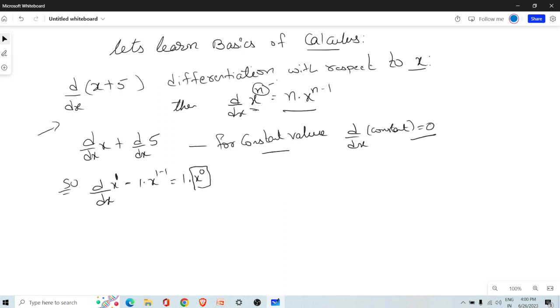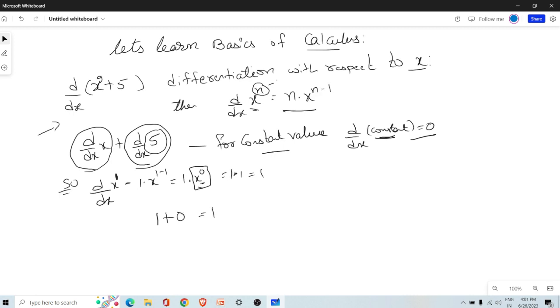Anything power 0 is 1, and as we know from basic maths, 1 into 1 is 1. So I can write dx by dx as 1, and d by dx of the constant 5 is taken as 0. 1 plus 0 is 1.